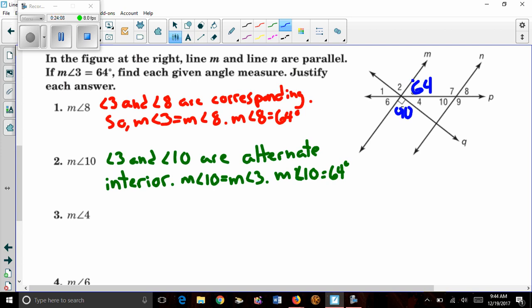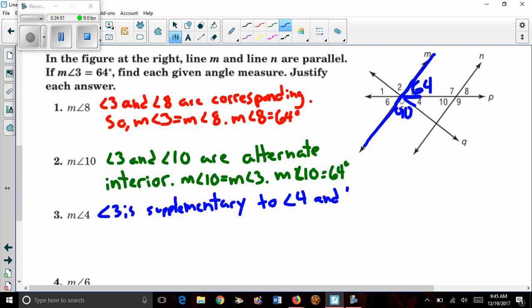If you look, all three of these angles together end up forming the straight line for M. This means that angle 3 is supplementary to angle 4 and angle 5 when we put those together.